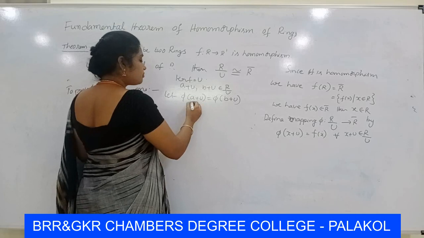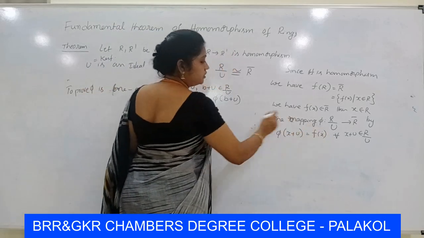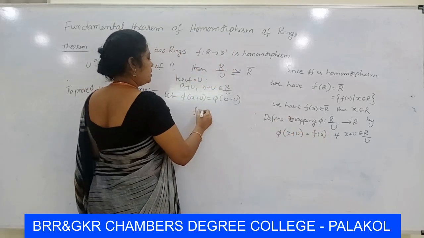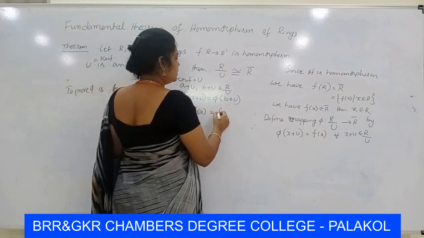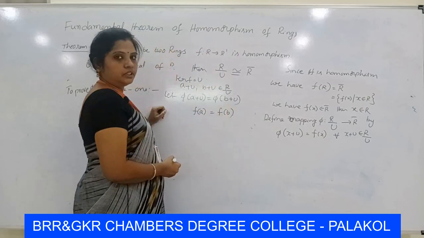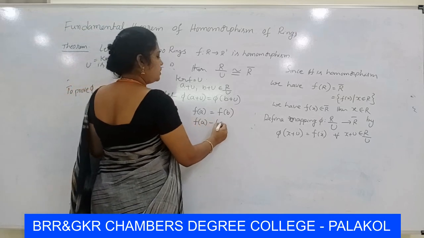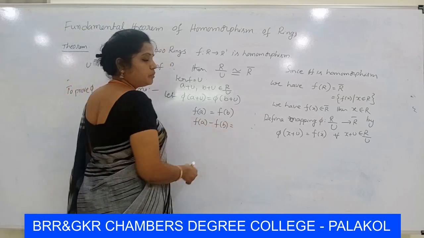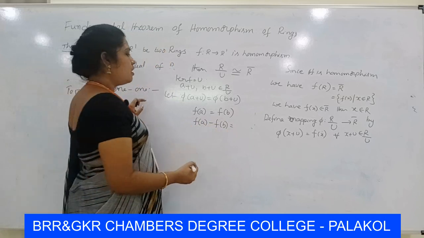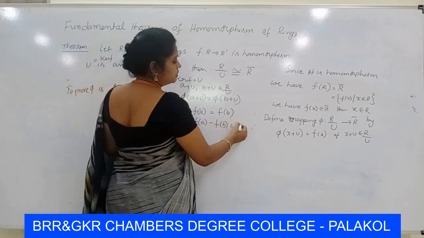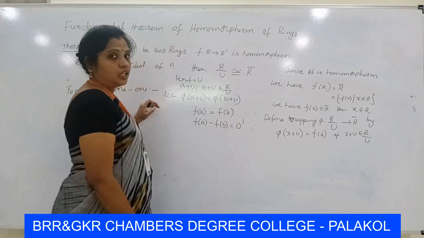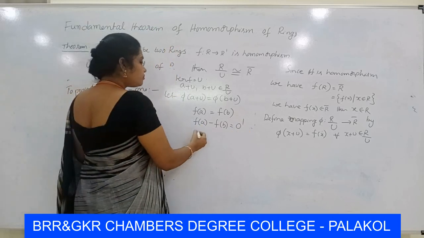So phi of A plus U is equal to F of A, and phi of B plus U is equal to F of B. Then F of A minus F of B, where F of A and F of B are elements of R dash, R bar. The zero element of R dash is 0 dash.